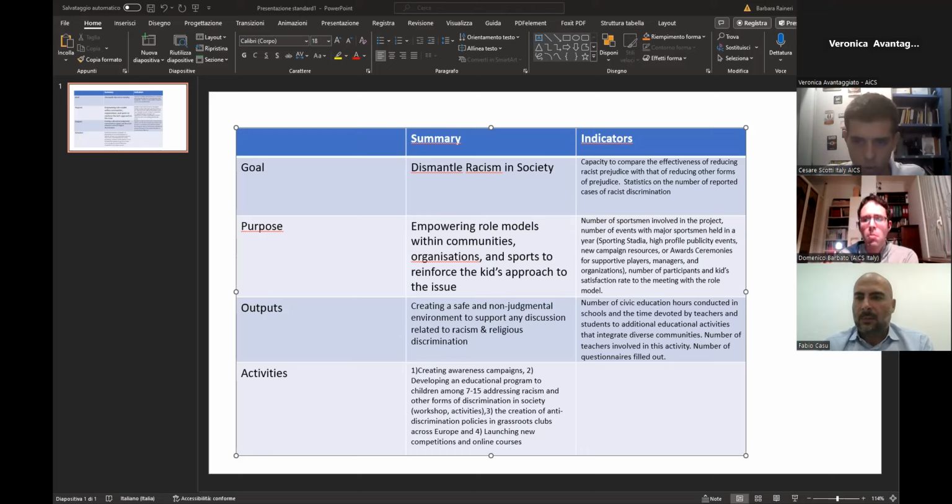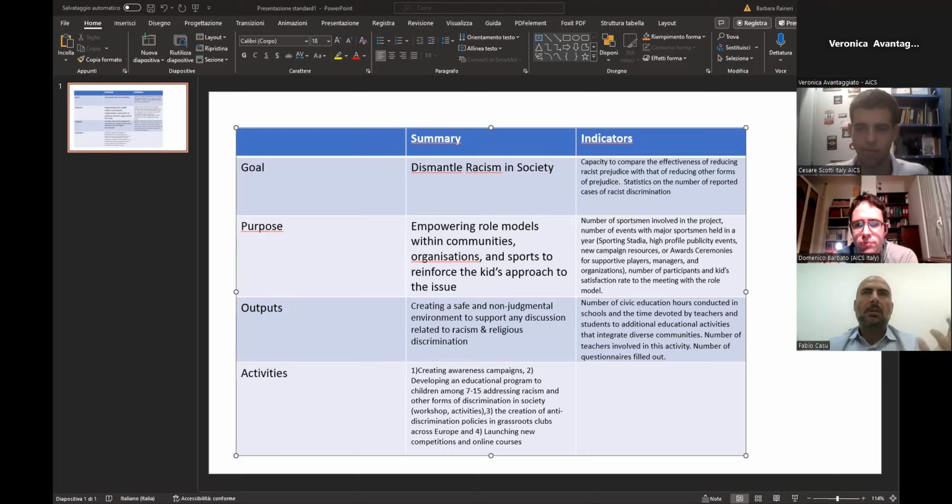Now you have an example in this small group of how important it is to build up a log frame together with your partners. Why? Because when you try to write down the log frame on your own, you have your thoughts, your way of thinking. Every time you share it and work together with others, you can see that something changes.